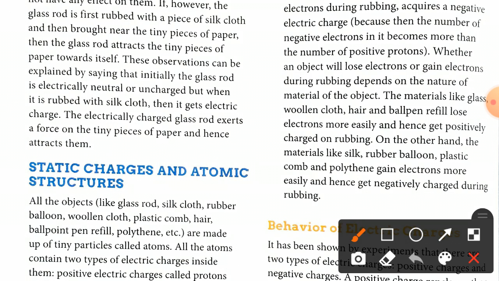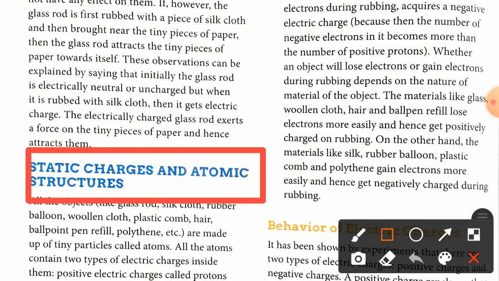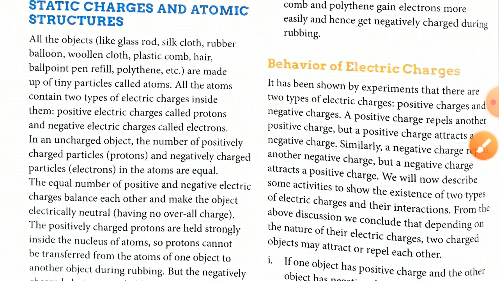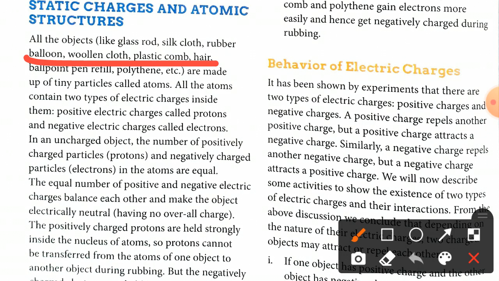Now we will talk about static charge and atomic structure. You can see here, all the objects, whether it is glass rod, silk cloth, rubber balloon, etc., are made up of tiny particles called atoms, and all atoms consist of two types of electric charges inside them.